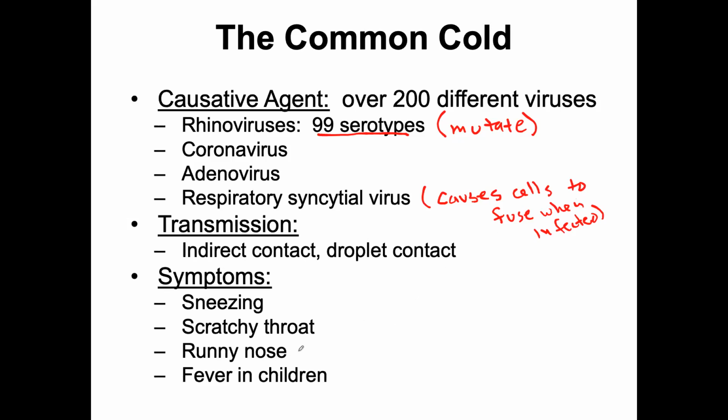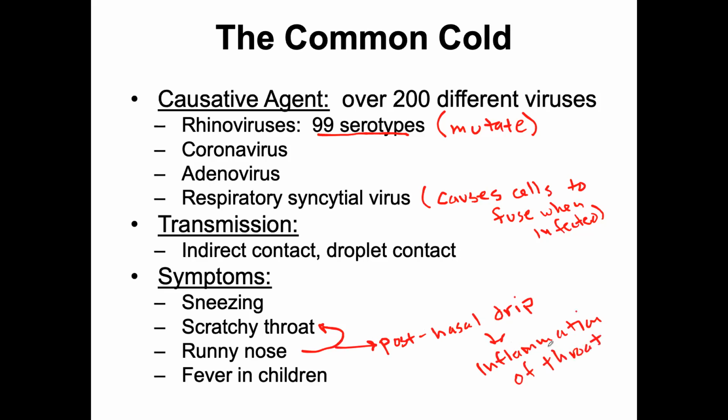The runny nose and the scratchy throat are really kind of two of the same thing, right? What happens is you get something called postnasal drip. And that causes inflammation of the throat.